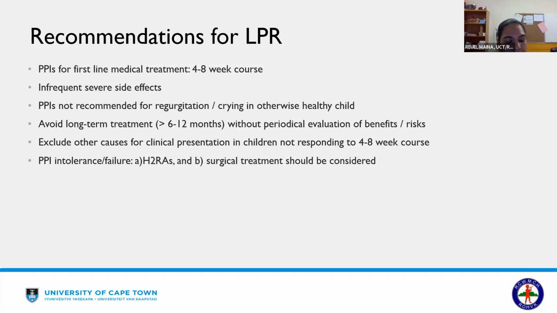And if there is PPI intolerance or failure, you should then try histamine 2 receptor antagonists. And if that doesn't show any beneficial effects, then potentially surgical treatment should be considered.